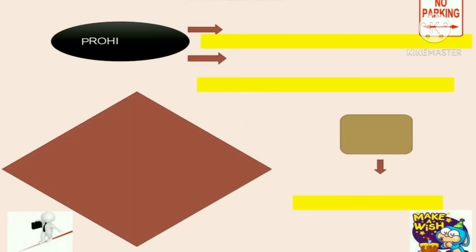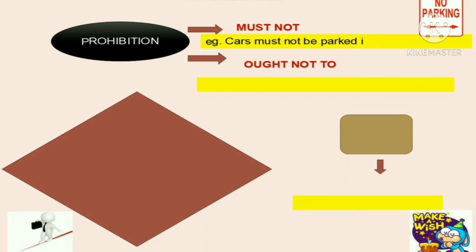Now moving to prohibition. So the modals used here are must not and ought not to. Example for must not goes as, cars must not be parked in front of the gate. An example for ought not to, you ought not to make fun of the old man. Next coming to wish.